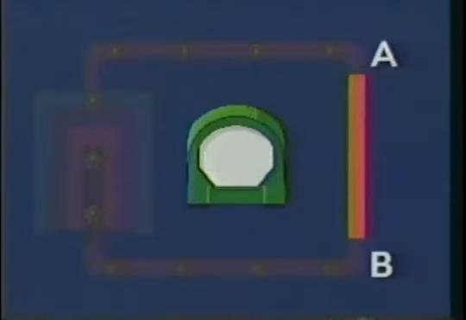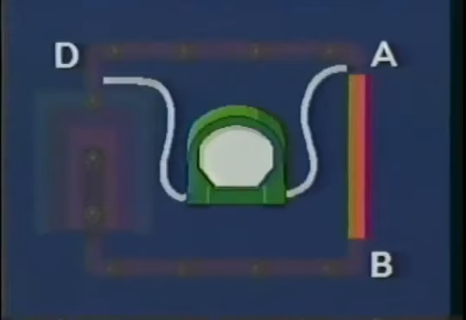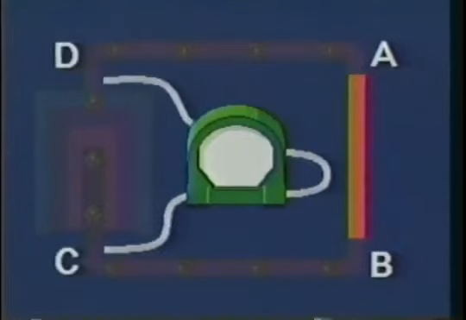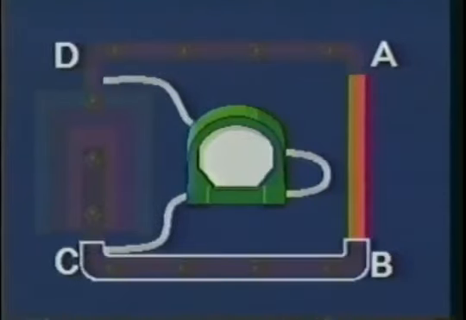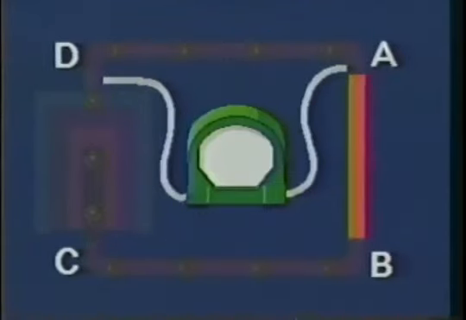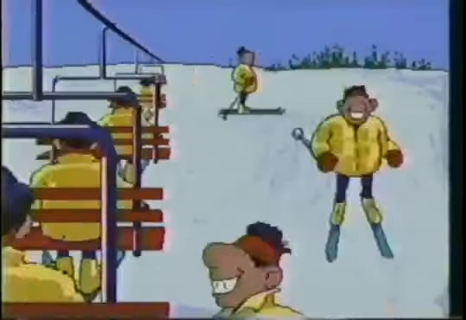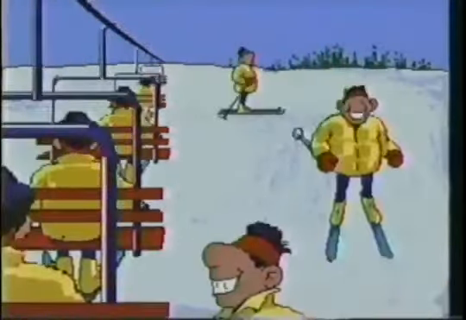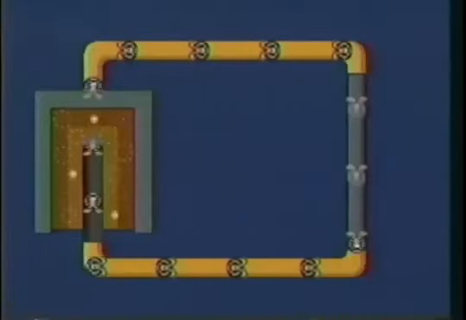The potential difference in volts can be measured between any 2 points, such as these, or these. If the wires DA and CB are good conductors, there is no potential difference between D and A or C and B. Just as skiers return to the ski tow to increase their gravitational potential energy, the charge returns to the dry cell and increases its electrical potential energy.